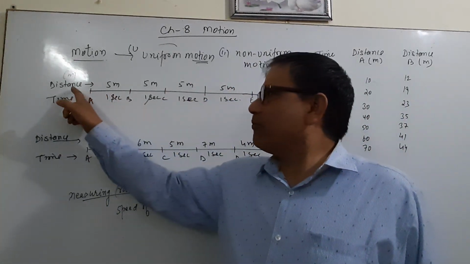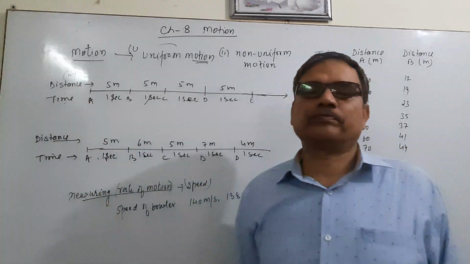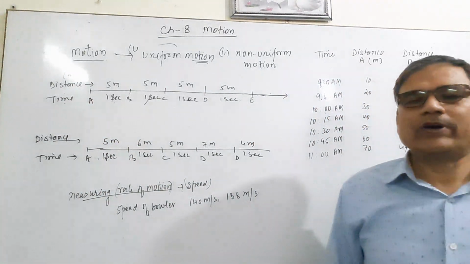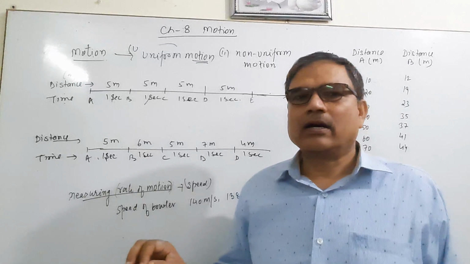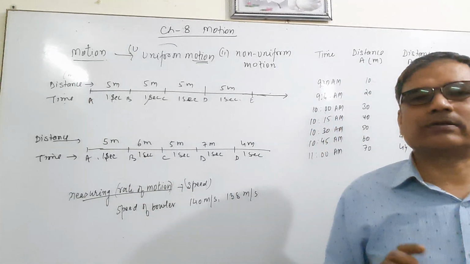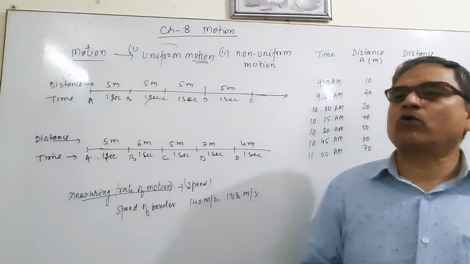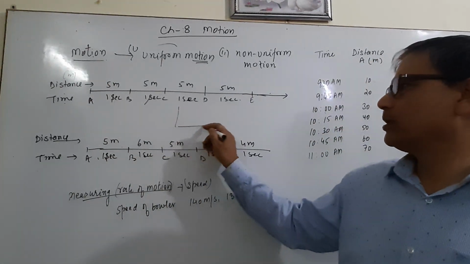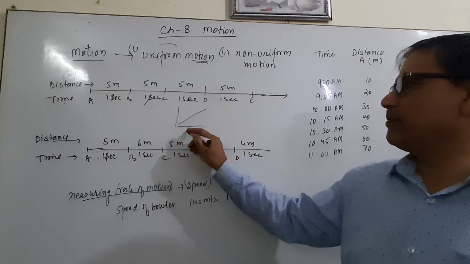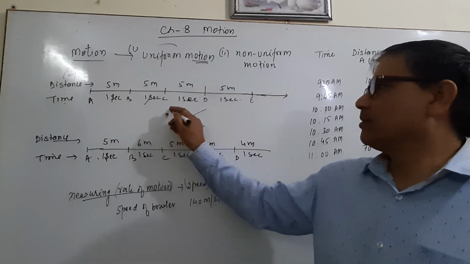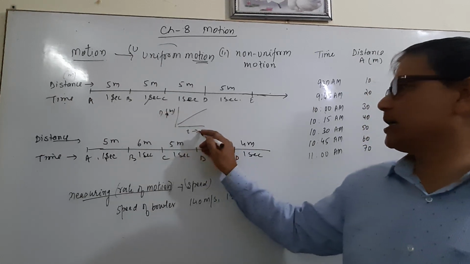If we draw the graph between distance and time, where time is taken on the x-axis and distance on the y-axis, then the graph will be a straight slope. This is time in seconds and this is distance in meters.